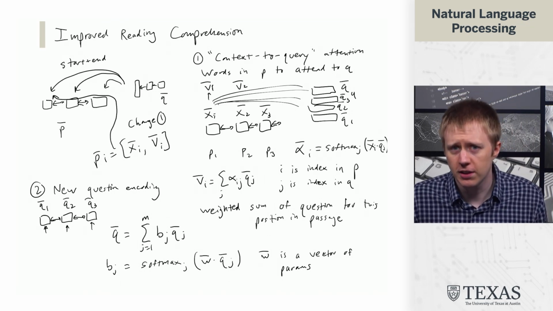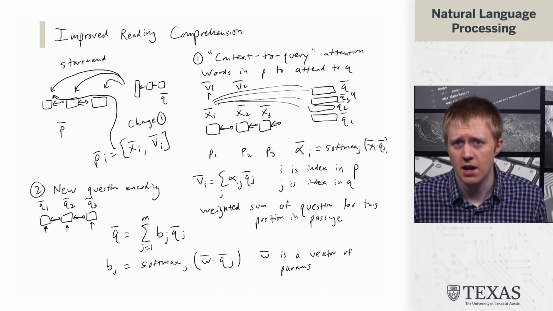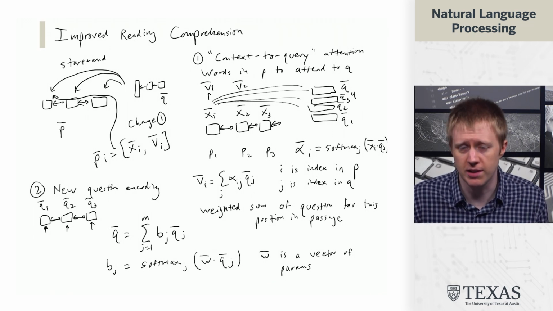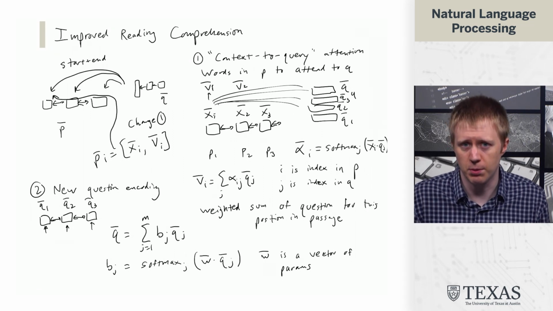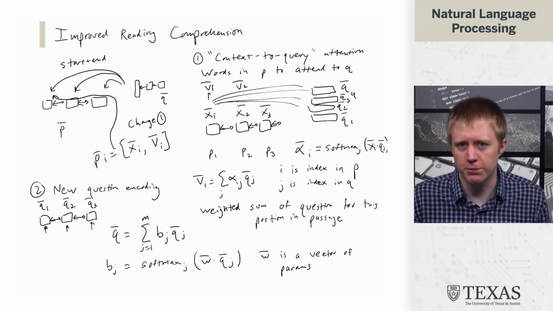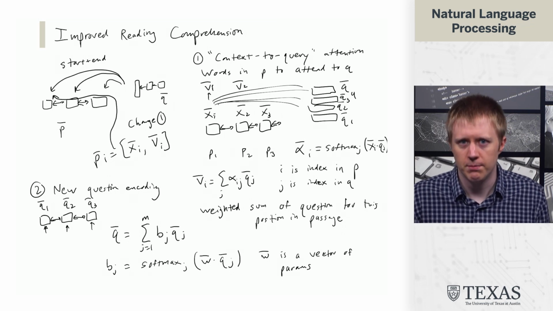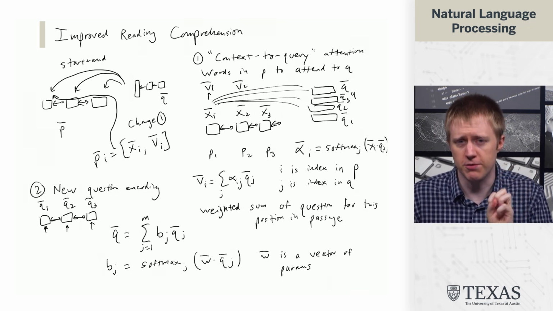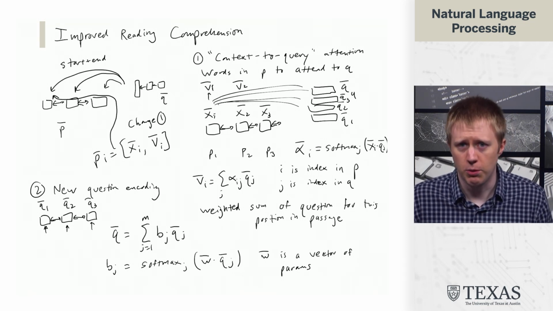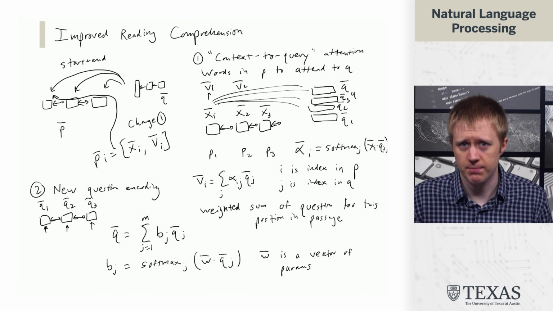This looks a little bit like an attention computation, but normally when we do attention, we have some notion of a query, where we're, for example, taking a hidden state of the decoder in machine translation and using that to attend to the input. Here instead we have a fixed vector. Well, it's a vector of parameters that will change during learning, but there's just one w vector that gets dotted with each question vector, qj, so each position in the question.